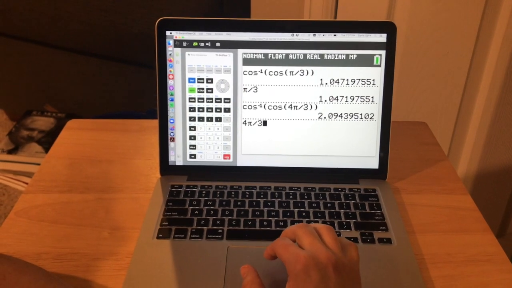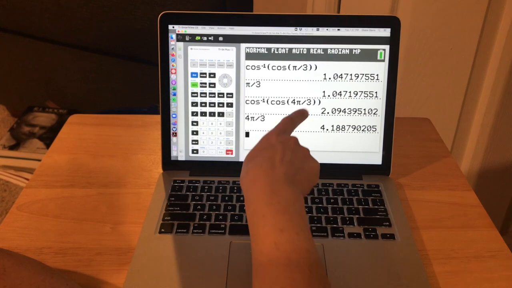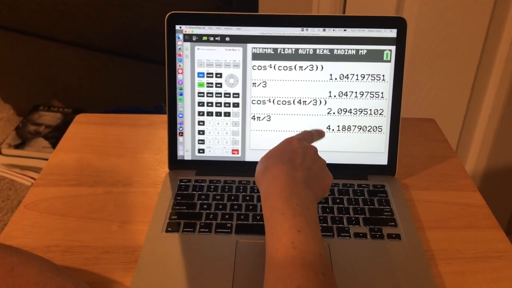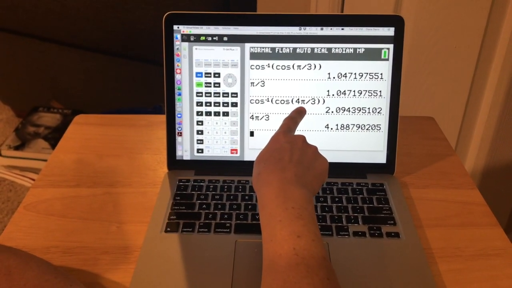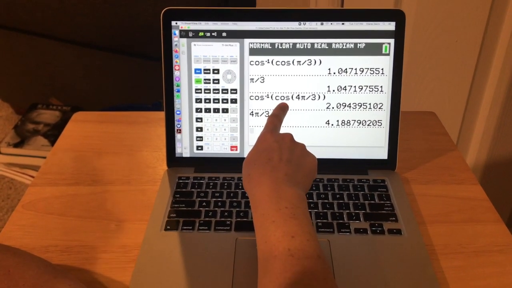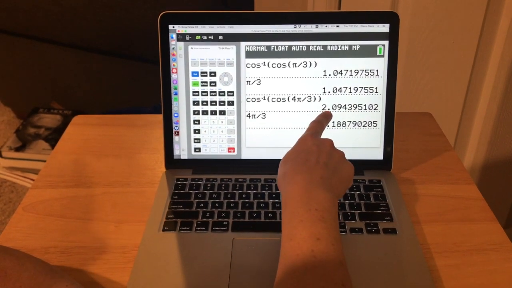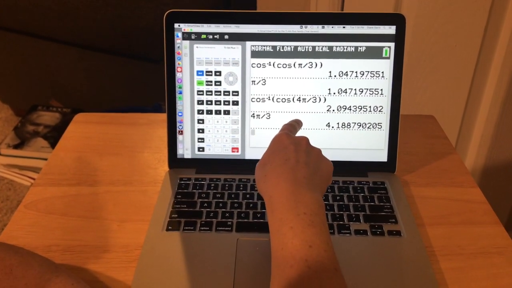So 4 pi over 3. Oh, this doesn't quite match up. So in this example, when we started with 4 pi over 3 and we applied the cosine function and then undid the cosine function, we didn't get back what we started with. So let's see why that's happening.